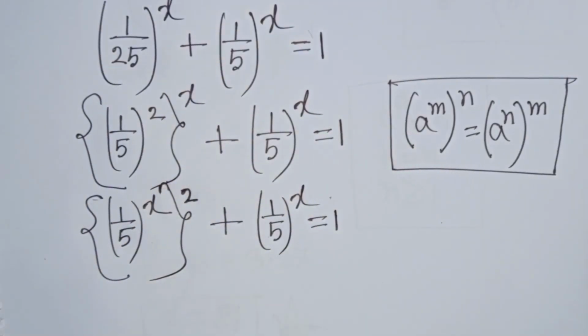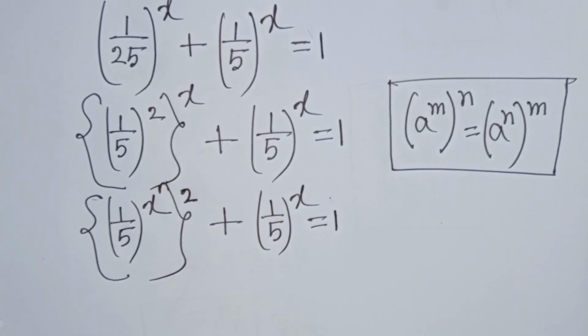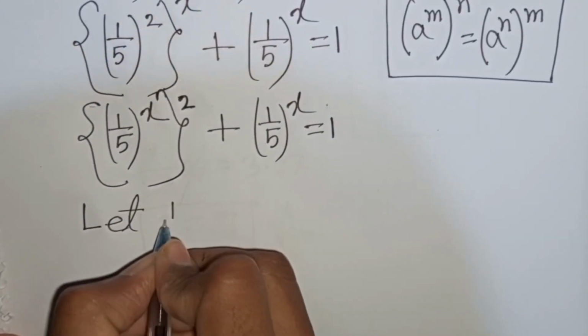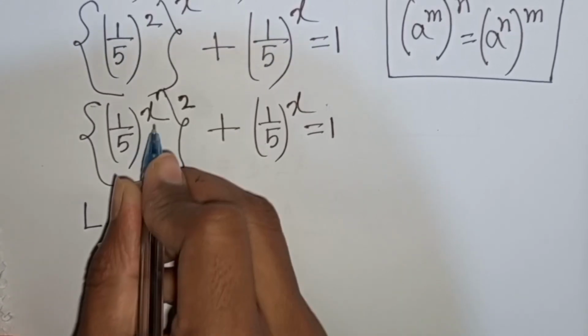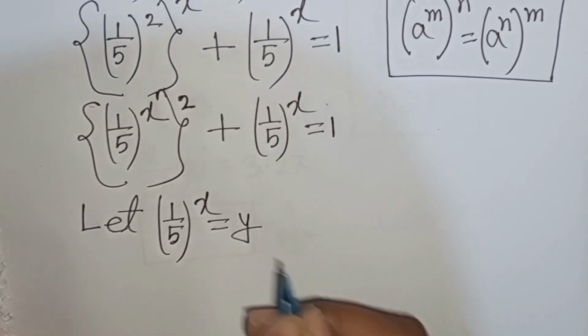Now we see (1 by 5) power x and (1 by 5) power x, both terms are the same. So let (1 by 5) power x be substituted by y.